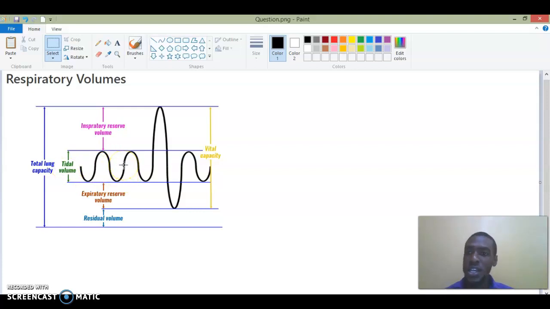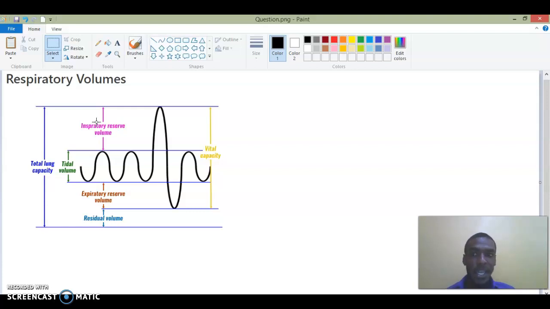In addition to tidal volume, we have what is called inspiratory reserve volume. Inspiratory coming from the word inspiration or to breathe in. So once you see inspiratory, you know we're talking about breathing in. Reserve volume means reserve is something that's not normally used. It can be used but not normally used. So this is basically the breathing in, the capacity that we don't normally use when we are breathing in but we can use.